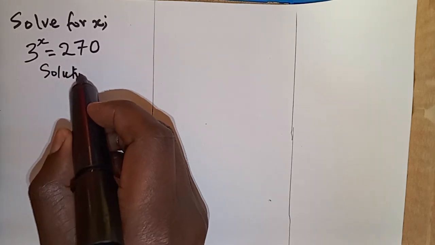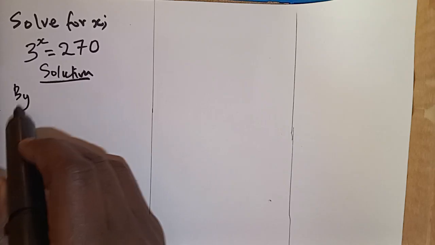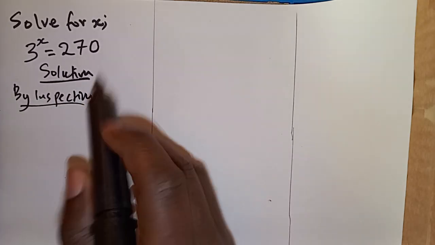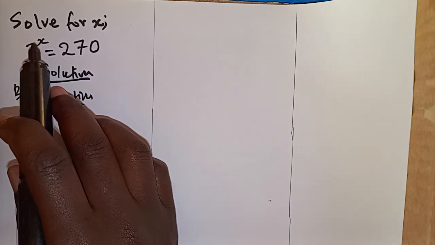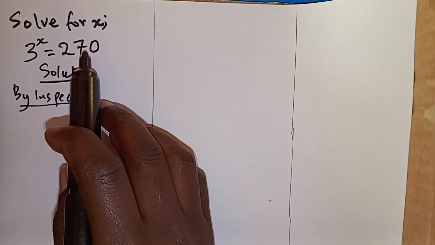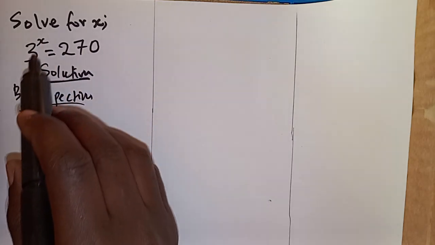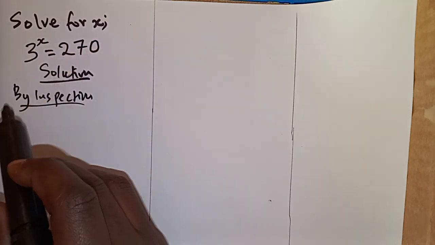Straight on to the solution. I'm going to start by inspection, meaning: are we in a position to predict the input x that will give you 270? I know x cannot be 0 since 3 raised to power 0 is 1.